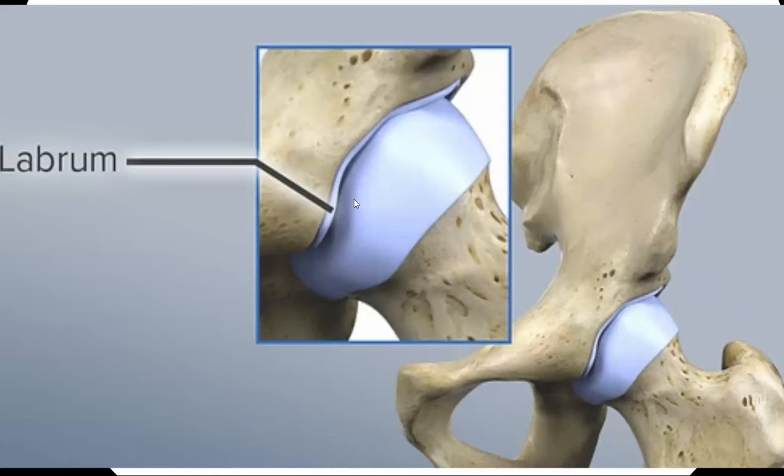Now, labral tears often occur in young patients with normal x-rays, so difficult to diagnose, and actually they occur a significant amount in patients with no history of prior trauma. Athletic activities that involve repetitive pivoting movements or repetitive hip flexion are recognized as additional causes of acetabular labral injury. More commonly, the symptom presentation is subtle.